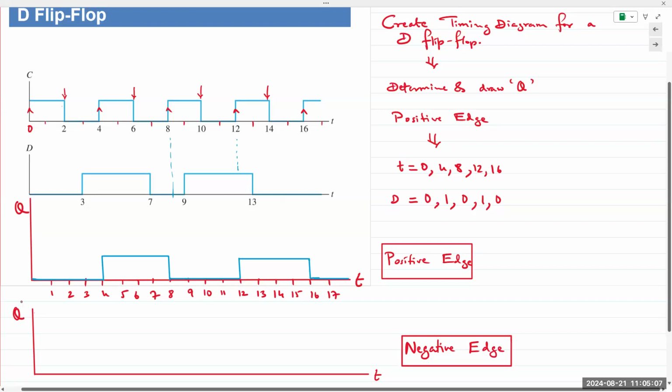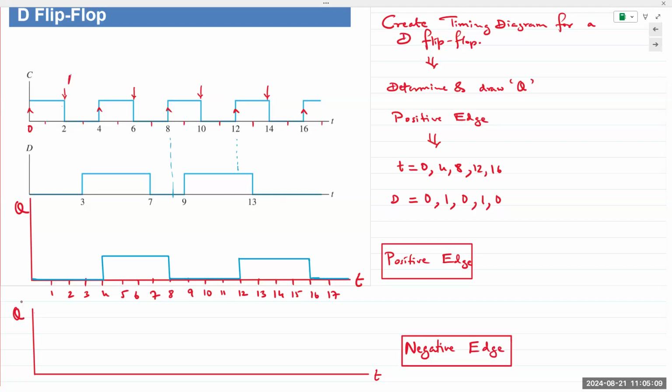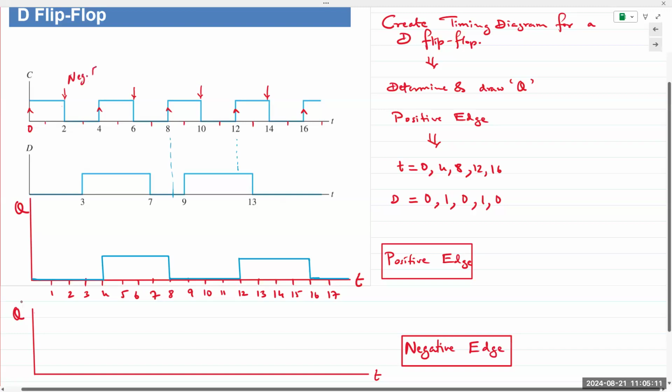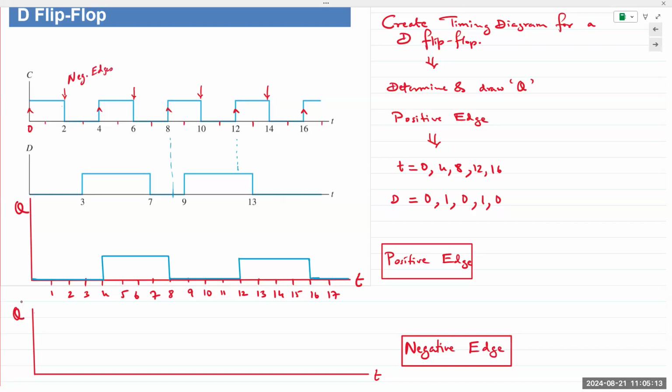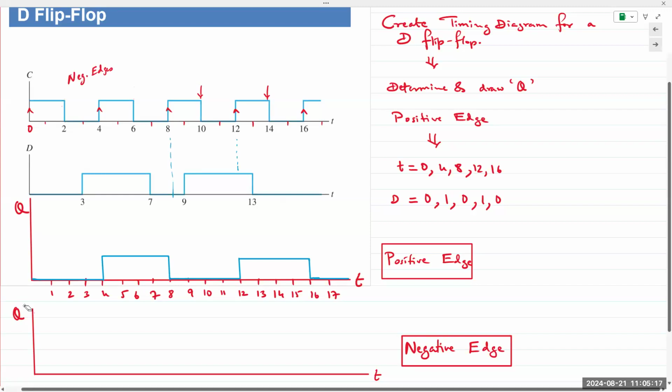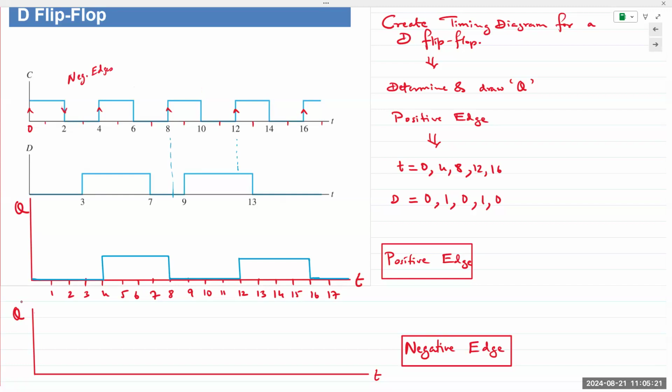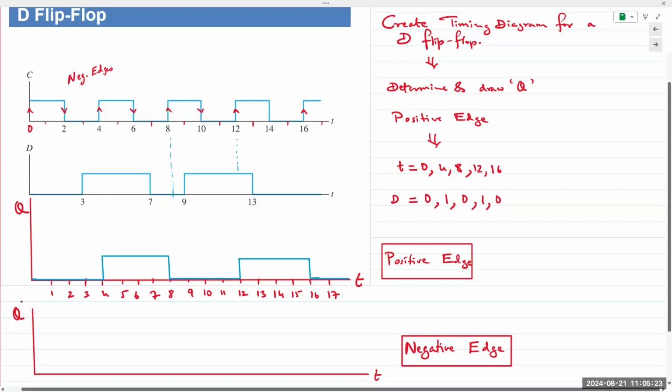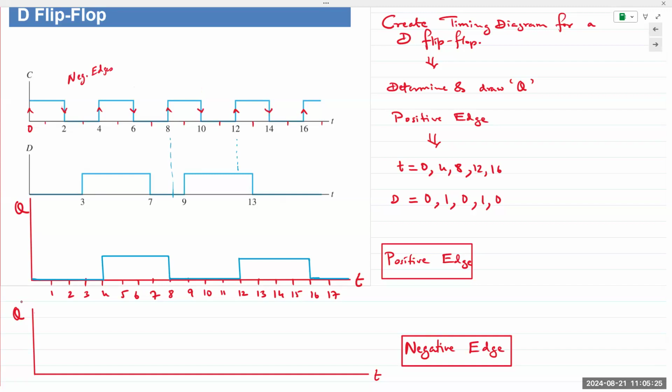All right, so we mark the negative edges, which are right here, right? The down arrows. Actually, it would be more appropriate to mark it on the edge itself. So right here, here, and here.